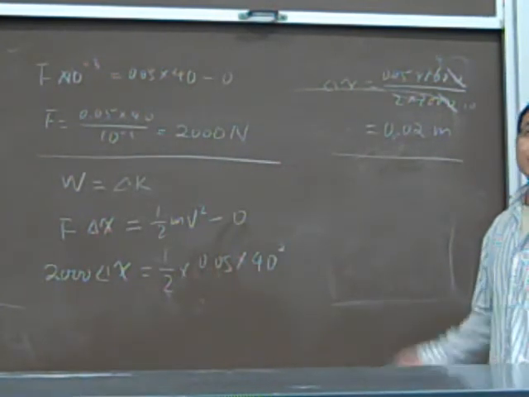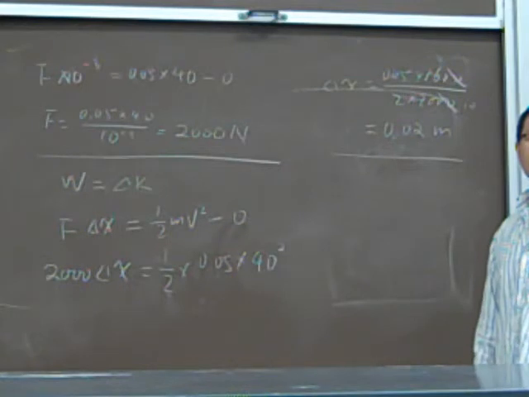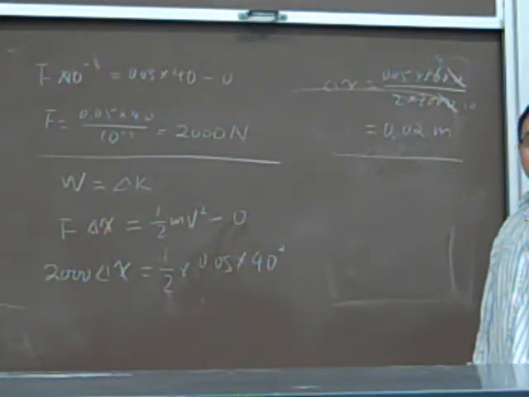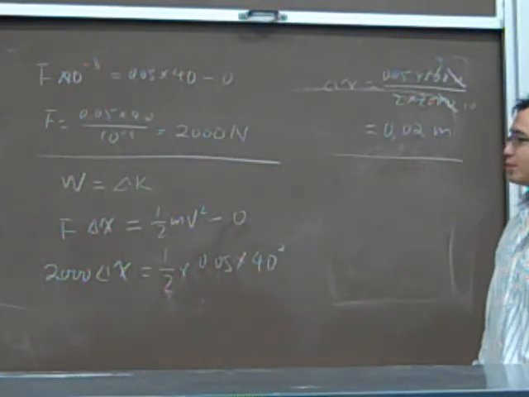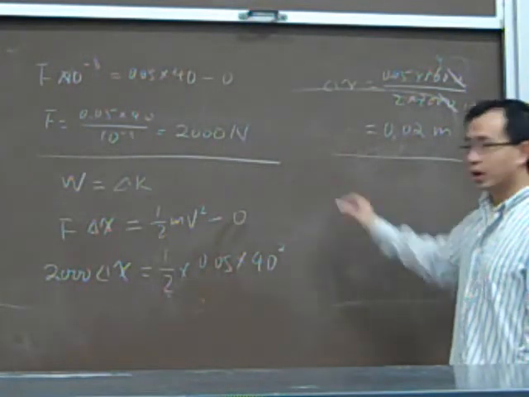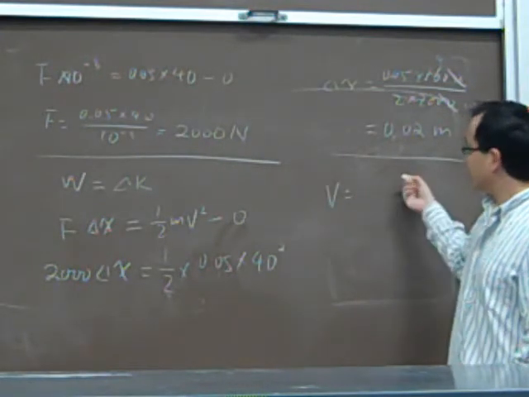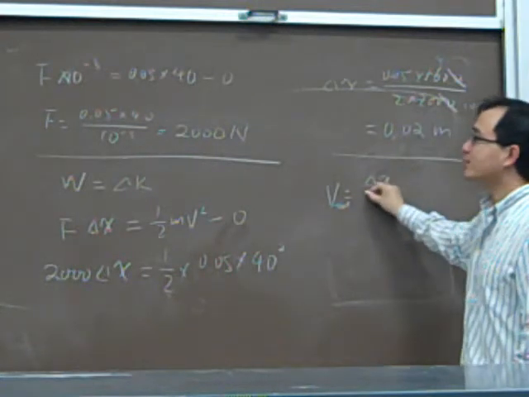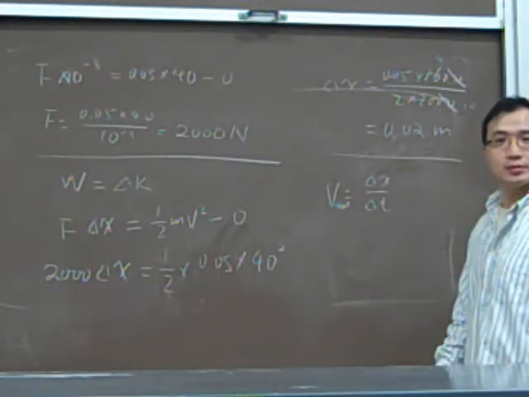In fact, after that, you can try to figure out what the average velocity is during this process. By definition, average velocity should be delta x divided by delta t, right?